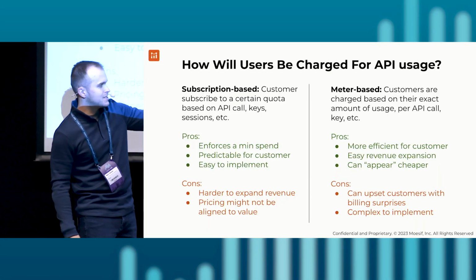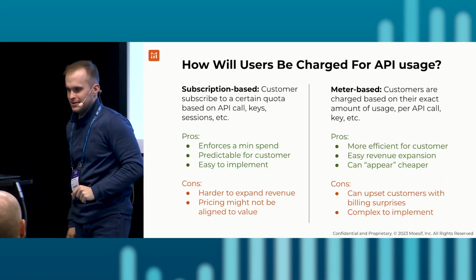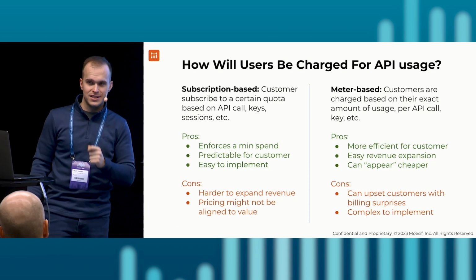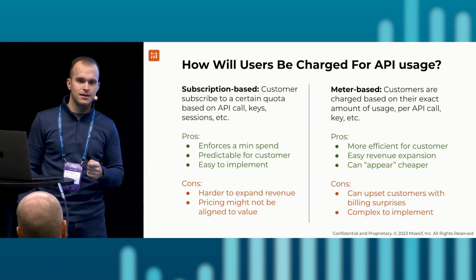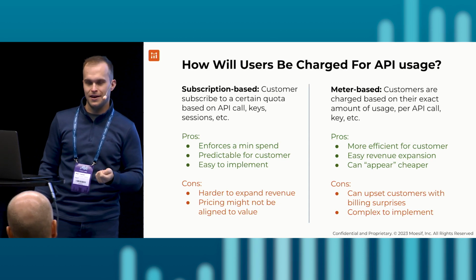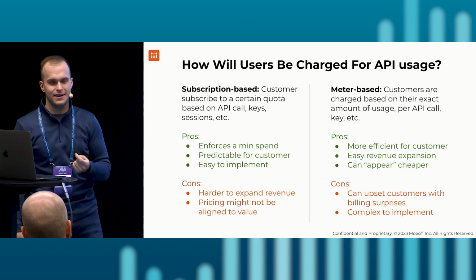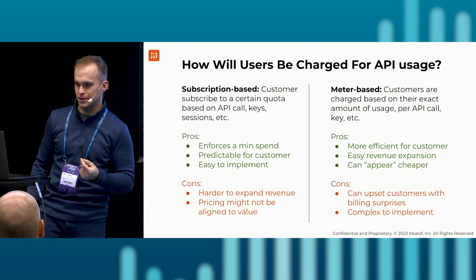With meter-based, you get this con where it can really upset customers with billing surprises. The thing that I kind of relate this to is if anyone has ever spun up an EC2 instance, left it on, and then come back at the end of the month and realized, wow, I just spent $250 and I completely forgot about that.